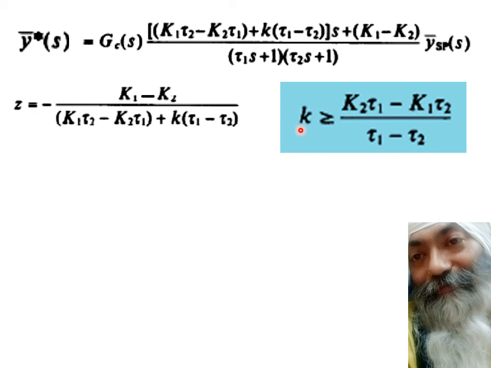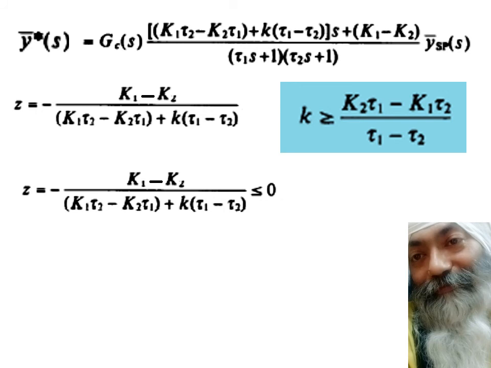And if you put this value of k over here, then you will find that this zero, if you examine, will always be negative. So this I leave to you. You take your pencils and copies and you examine, by putting the value of k, whether this zero actually comes out to be negative or not.